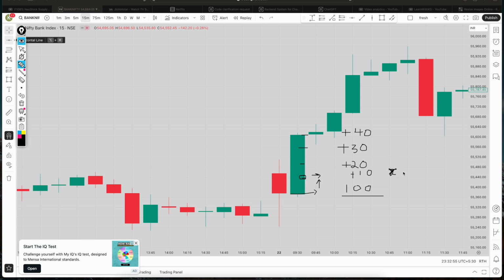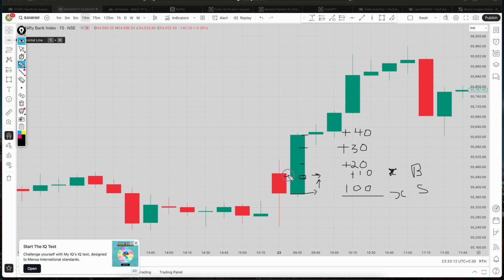If x amount is bought, then x amount is also sold, and only then will the price of 110 be printed on the chart.